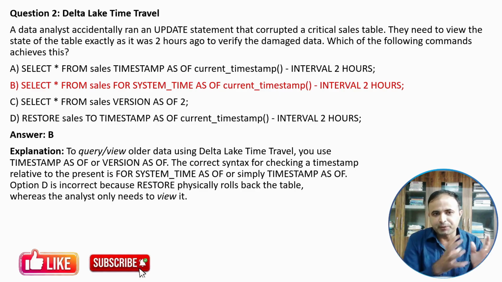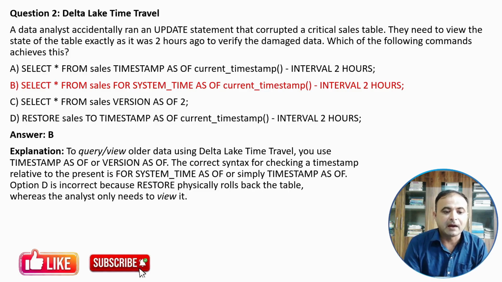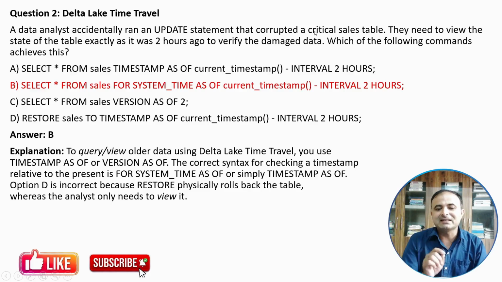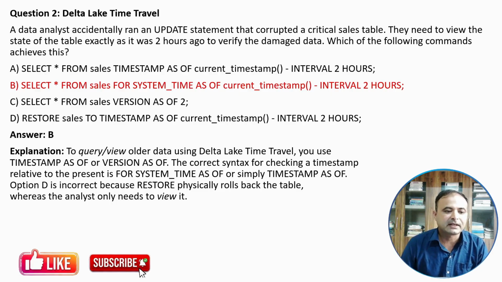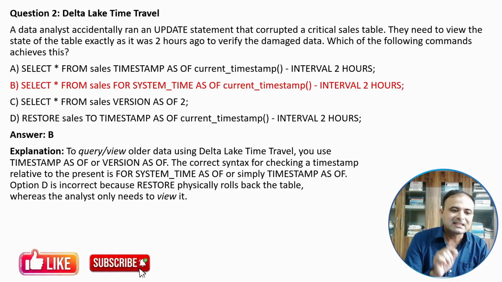Next question: Delta Lake time travel. If I'm talking about time travel, vacuum should also be clear. A data analyst accidentally ran an update statement that corrupted a critical sales table. They need to view the state of the table exactly as it was 2 hours ago to verify the damage.